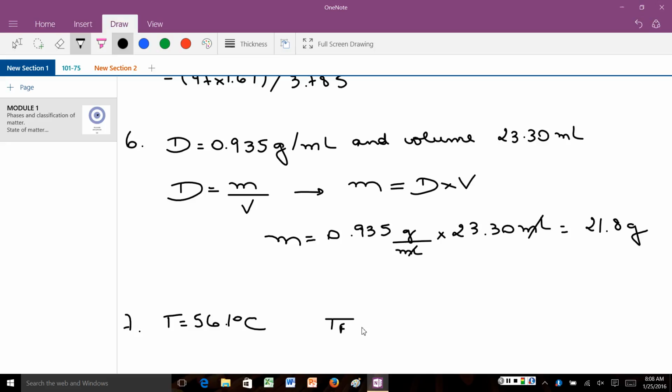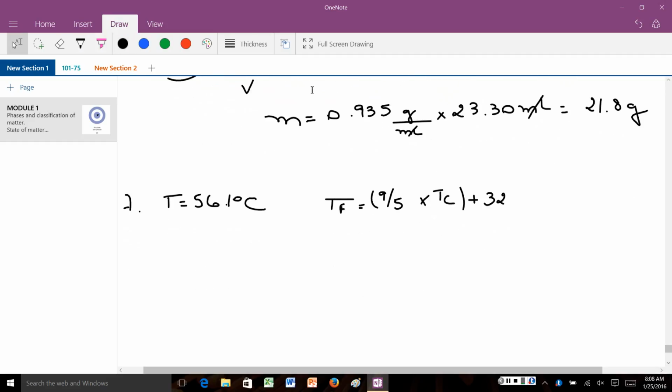Temperature in Fahrenheit is 9/5 times temperature in Celsius, plus 32. Here parentheses are actually not necessary. So we need to calculate temperature in Fahrenheit.